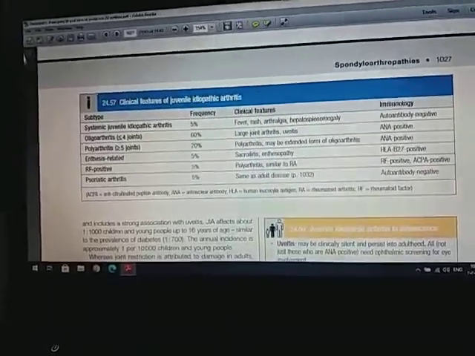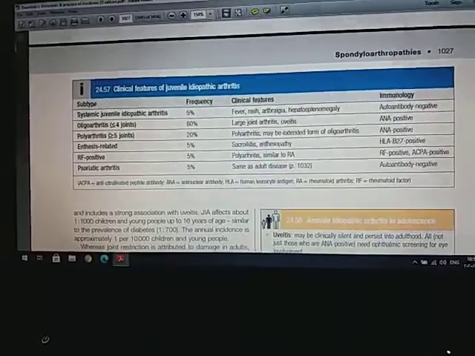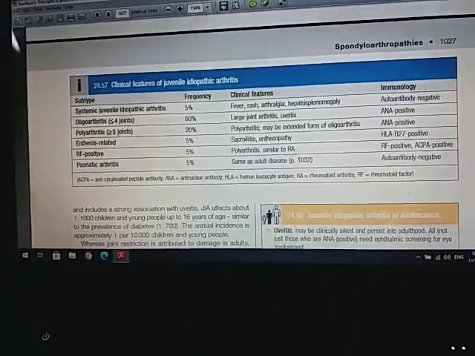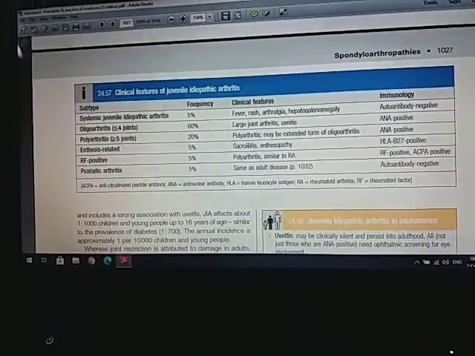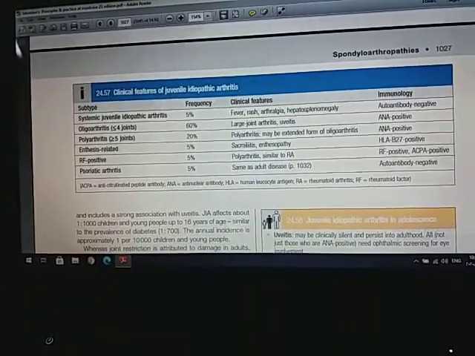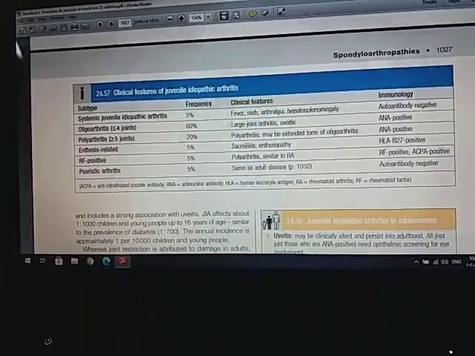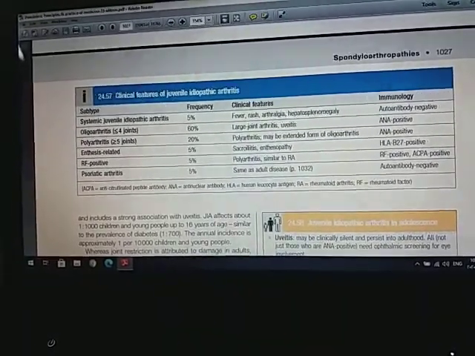Polyarthritis is when 5 or more joints are affected. Polyarthritis is divided into seropositive, يعني rheumatoid factor positive polyarthritis, and seronegative polyarthritis.